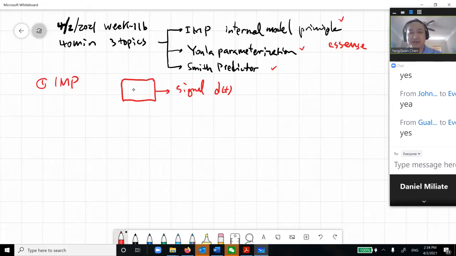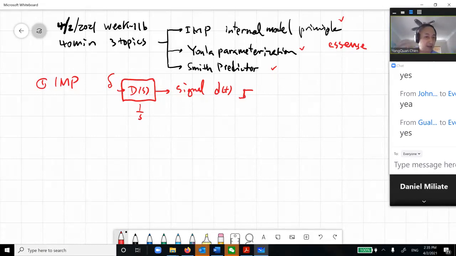So what is that generator? You can imagine that if you put the impulse in here, then this is nothing but a DFS, right? So for example, if your signal is a step, your generator here is 1 of S. So integration of impulse will get you a step, right?